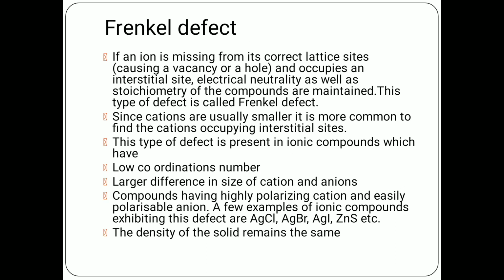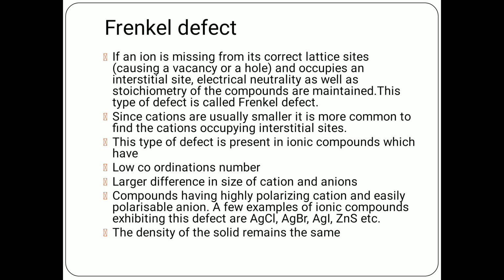Now coming round to the Frenkel defect, if an ion, preferably a cation, because cation size is small and anion size is large, is missing from its lattice point and has occupied a hole, or a void, or an interstitial site, that kind of stoichiometric defect is called a Frenkel defect.